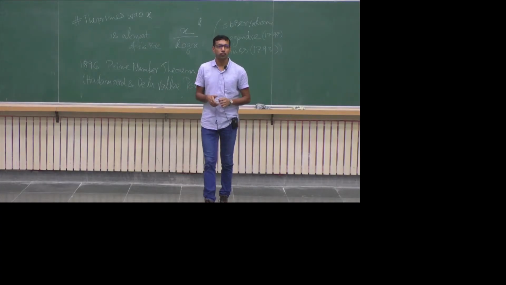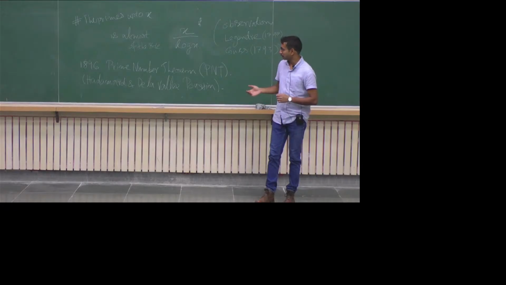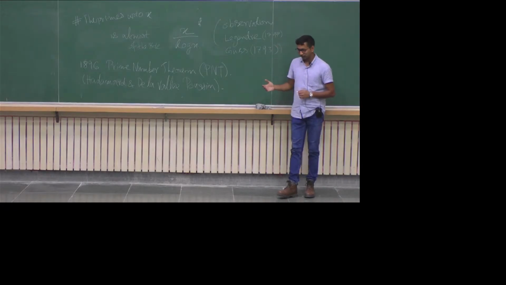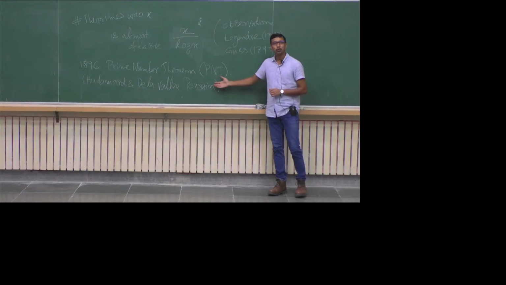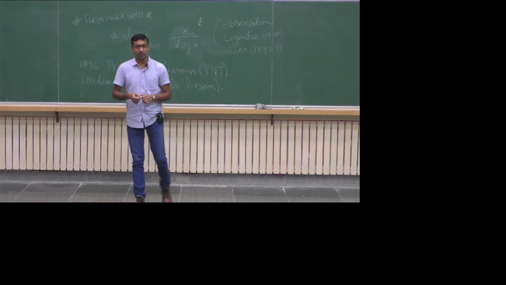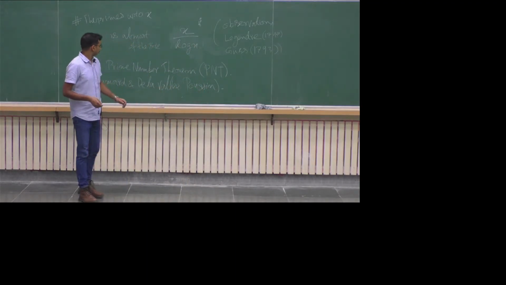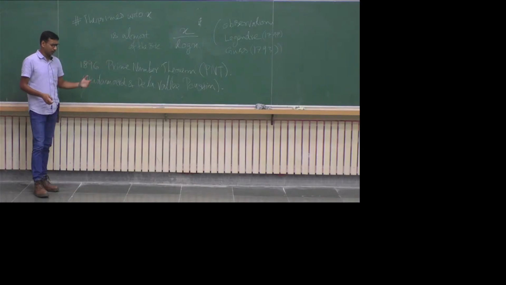In 1859, Riemann wrote a paper; his main work chalks out a path to prove the prime number theorem using zeros of the Riemann zeta function. So this was 1896, and Riemann's paper came out in 1859.